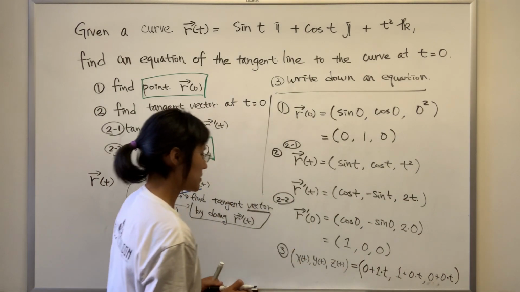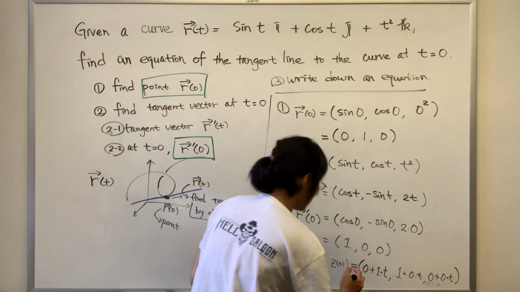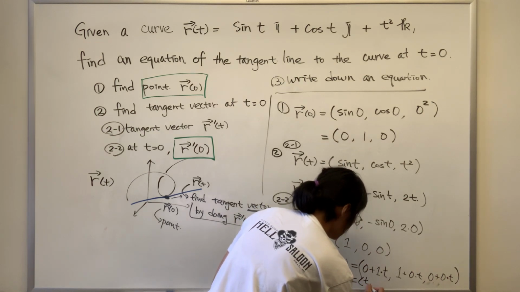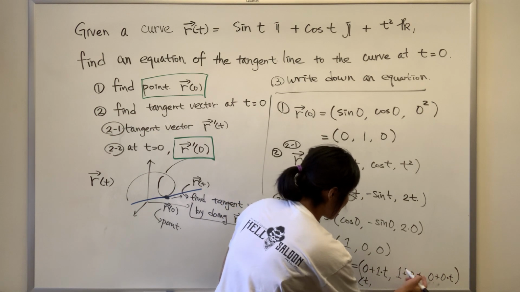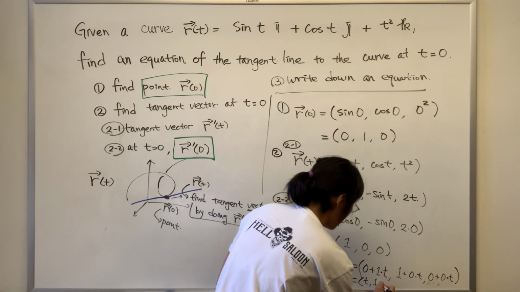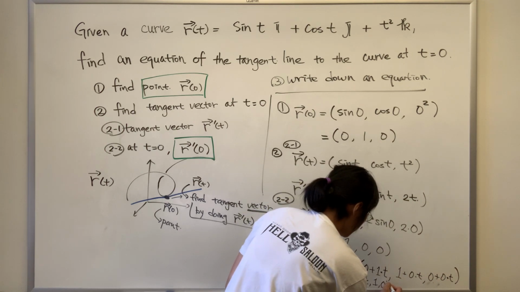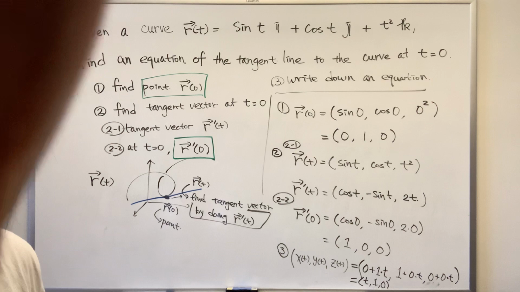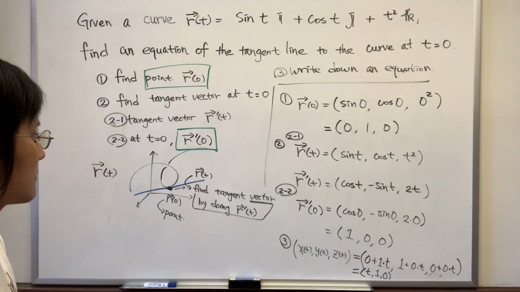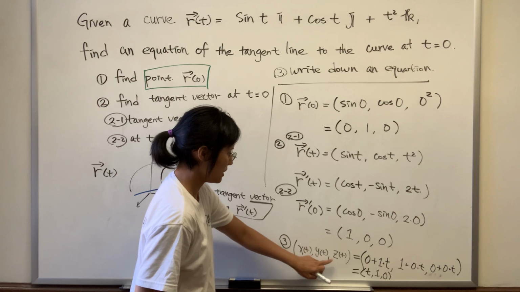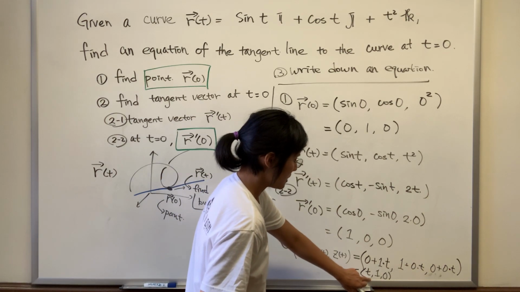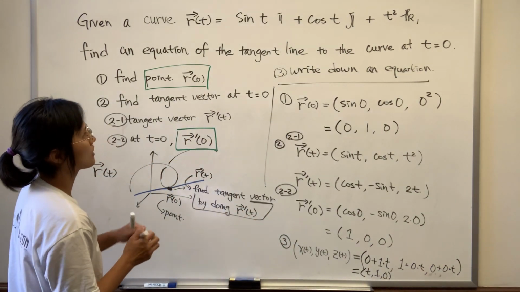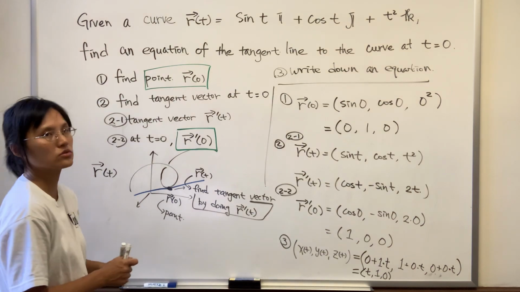This happens to have an extremely simple final solution. 0 plus 1 times t, this is t. 1 plus 0 times t, so that's 1. And 0 plus 0 is 0. So we have x(t) equals t, y(t) equals 1, z(t) equals 0, and this is an equation for the line tangent to the curve at t equal to 0.